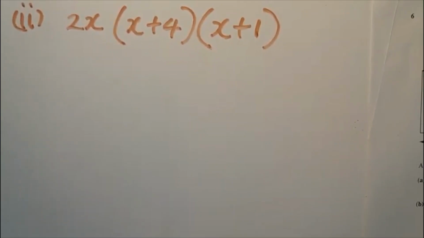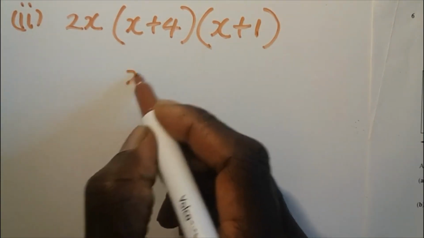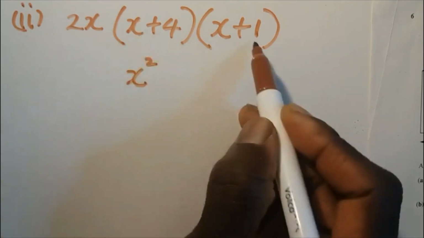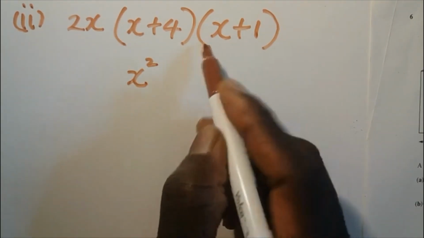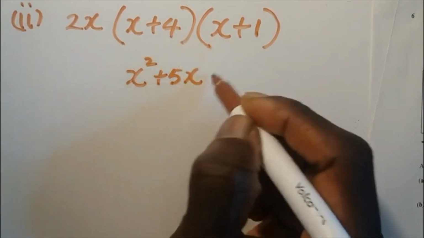Part A(ii) asks us to expand and simplify our answer to part A(i). And this is what you can see on the screen. We'll clear these brackets first. So we have x squared, then we have x add 4x, which is 5x, and finally 4 times 1, which is 4.